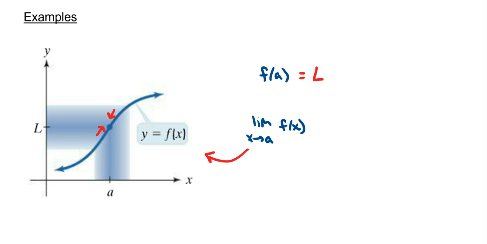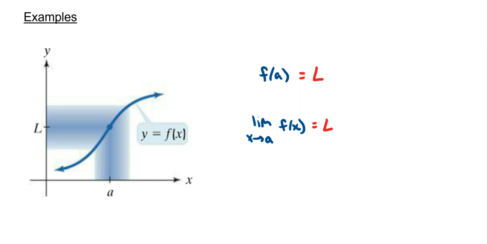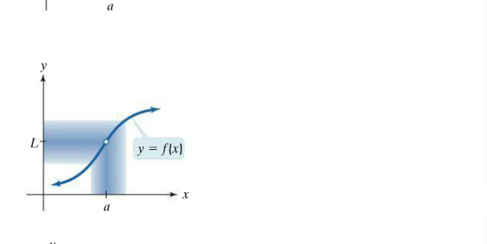For this specific example, as we approach it from the left and the right, it's approaching this value here, which is also whatever L represents. So in this specific case, the function value or the y value is actually equal to the limit value, which once again will not always happen. Let's see when it starts to look a little bit different.